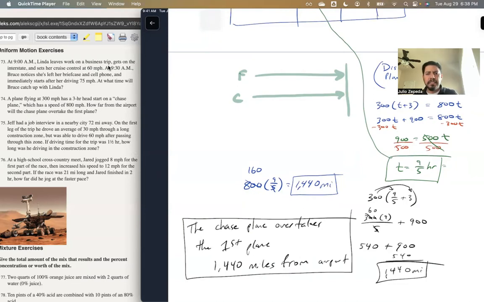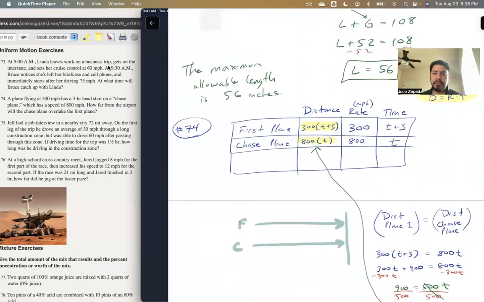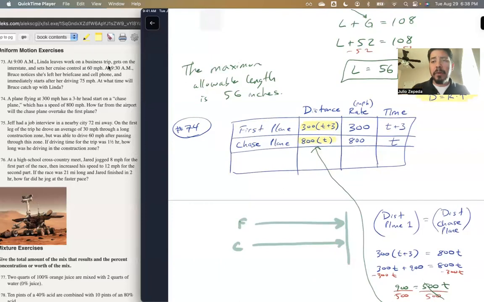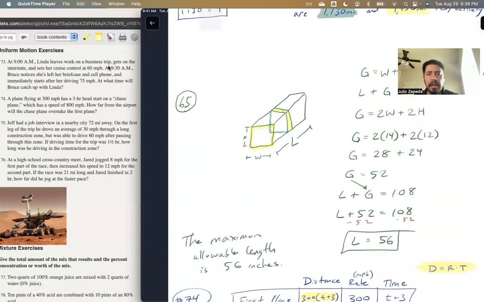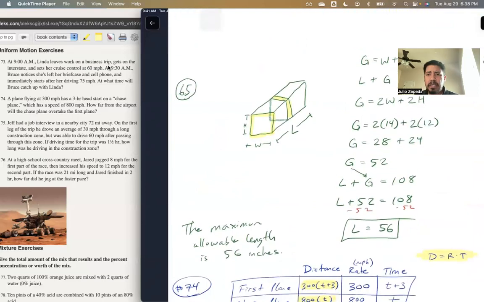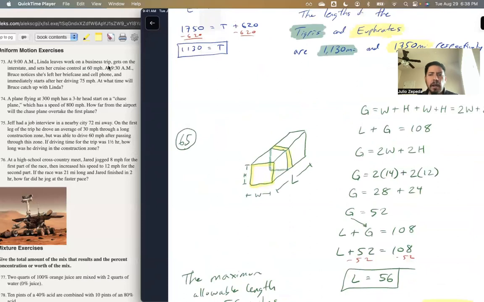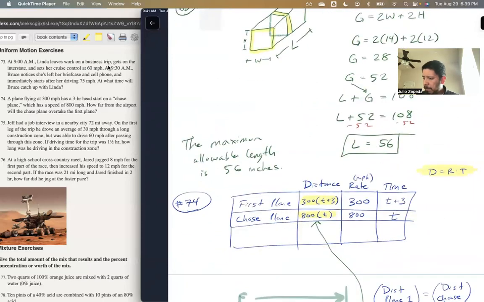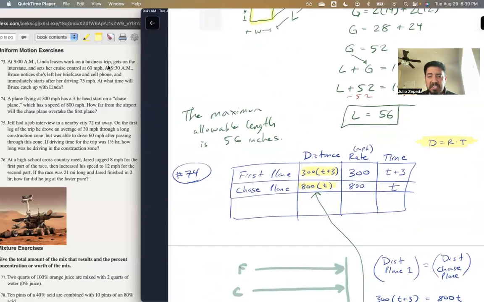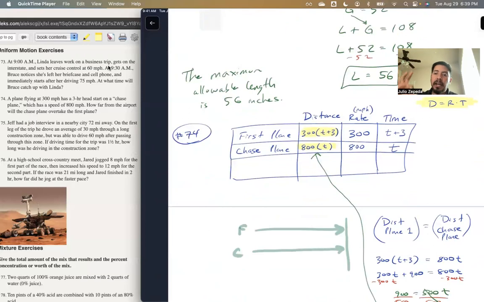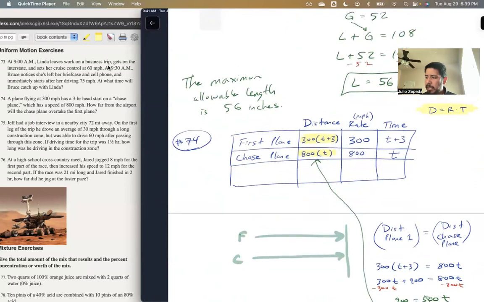Okay, so a couple examples there, just to give you an idea of how some of these problems go. We want to organize our information in maybe a table or in some way, write out what our variables mean. If we're using L for length, that's pretty obvious there. T for time, time here in this table that I've made, T represents the time for the chase plane, right? Because it's in the row and column. You can identify it that way.